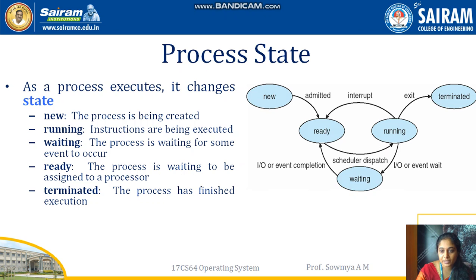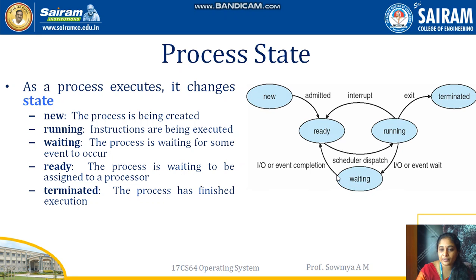Whenever there is an interrupt from another process, or whenever the time slot finishes for that process, because of that interrupt the running process will come back to ready state. Or if a process needs to wait for input output, then it generates a wait function and goes to waiting state until that input output event is completed.